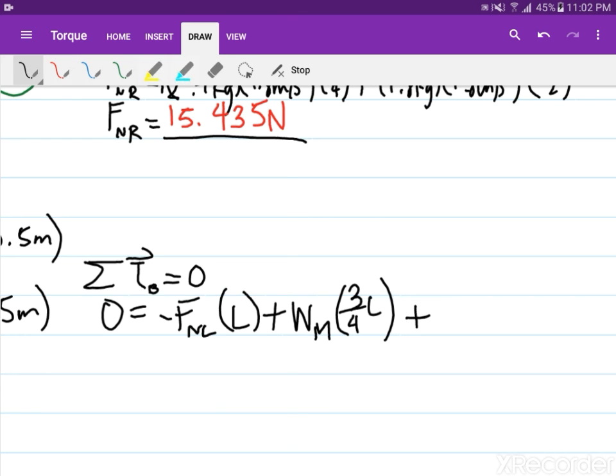And then, since W sub M and the center of mass are in the same direction, their torques must be of the same direction. So W sub cm times 1/2 L. Again, L cancels out.